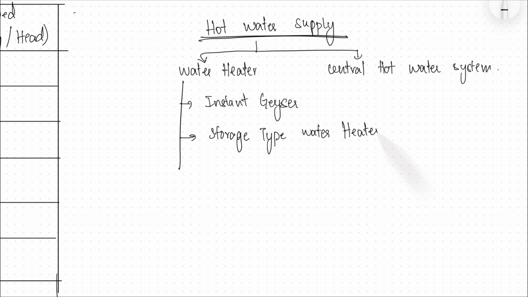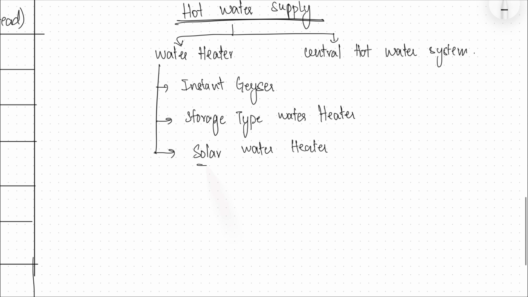You have the solar water heater. Solar water heater basically uses the radiation of the sun to heat water, and this should be placed at the top level of the building, but below the overhead tank, so that the water can be supplied to the heater using gravity.